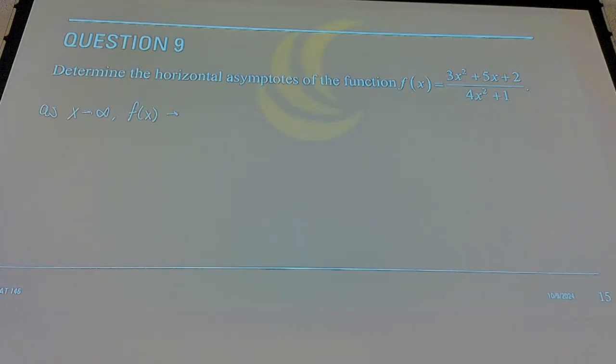True, but that's not what I'm looking for. Think back to when we were doing polynomials, when we were determining end behavior. What did we look at, and why did we look at it? If you want to determine the end behavior of the numerator, what term would you look at to determine it? Remember what we did?